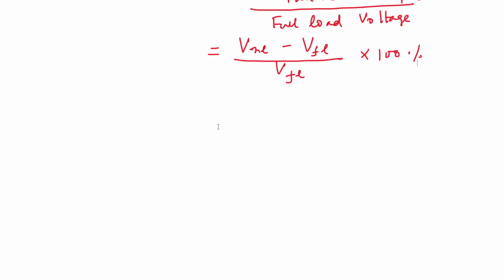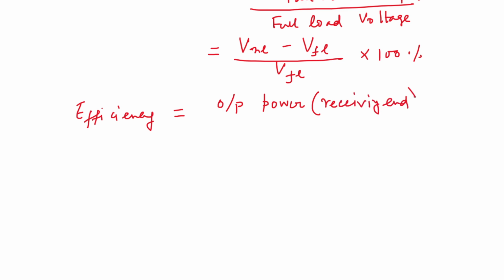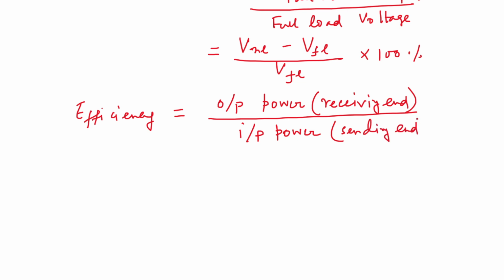Lastly, we have efficiency, which is equal to output power, that means power at the receiving end, divided by input power, that is power at the sending end, into 100%.